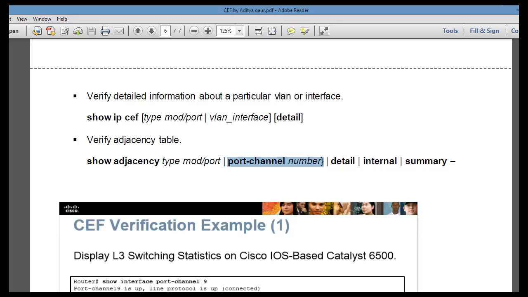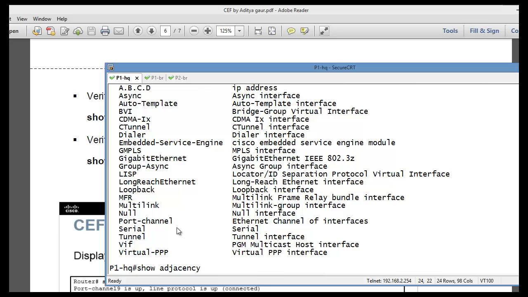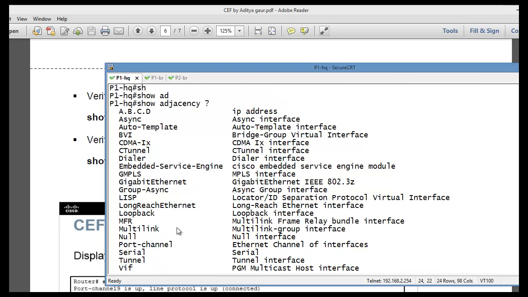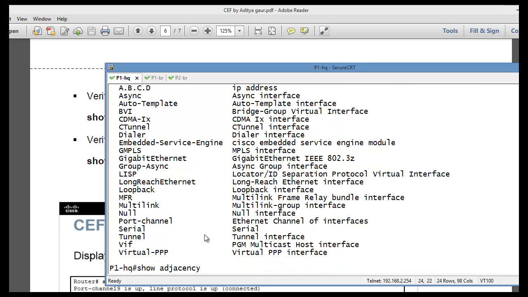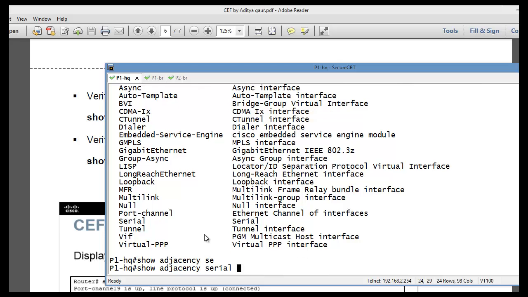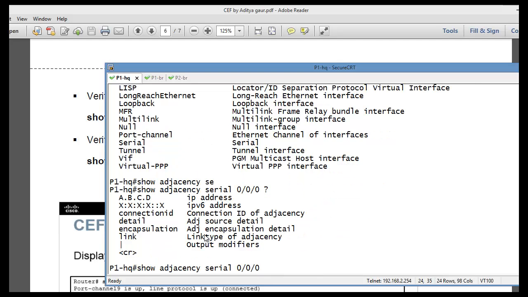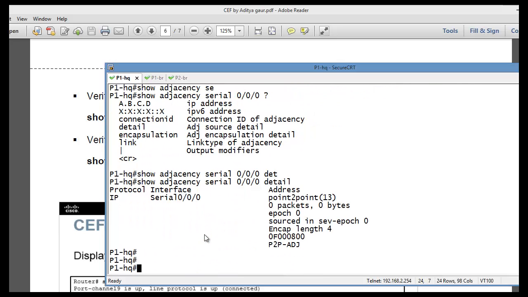Let's use serial 0/0/0 and then detail. This shows everything about that particular interface.